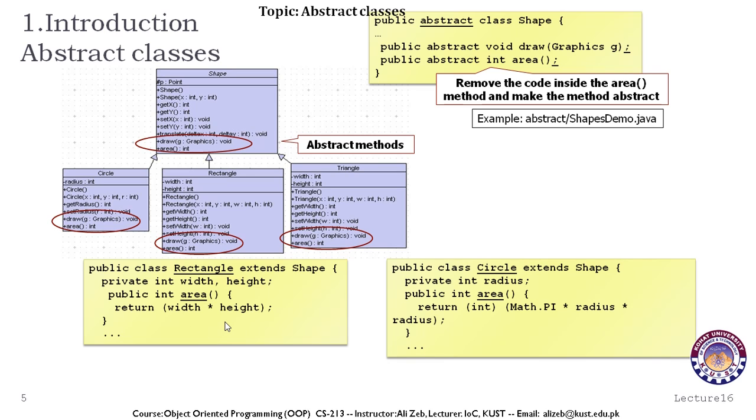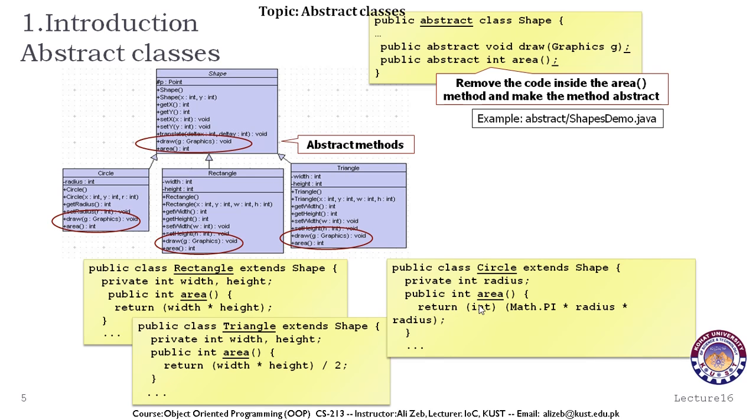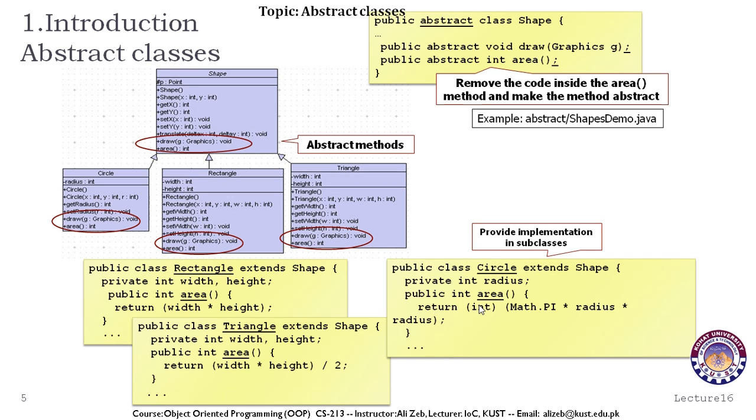Similarly, the circle class, when it extends the shape class, needs to implement the area method and the shape methods. If we do not implement these methods in the subclasses, we will get a reminder from the compiler. So we need to provide implementation for these methods in the subclasses.